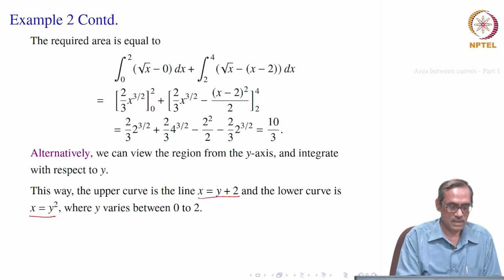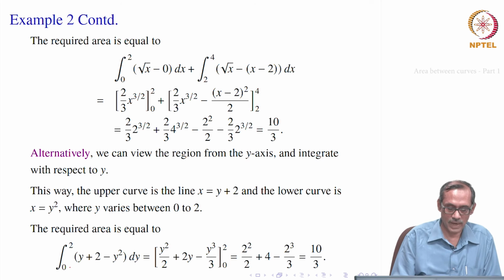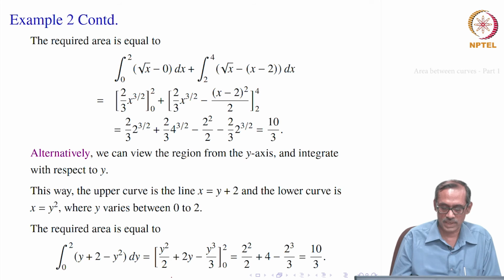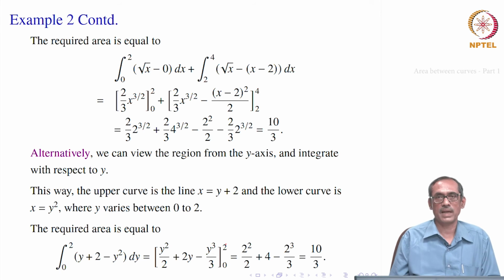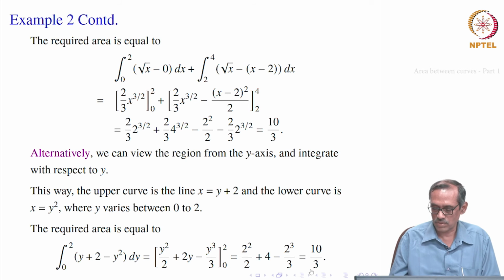So, we write the integral correspondingly, one integral only, which is from 0 to 2, with y plus 2 on the top and y square at the bottom. So, y plus 2 minus y square dy. If you integrate directly, y gives y square by 2, 2 gives 2y, minus y square gives y cubed by 3, to be evaluated at 0 and 2 and subtracted. That again simplifies to the same answer, 10 divided by 3.